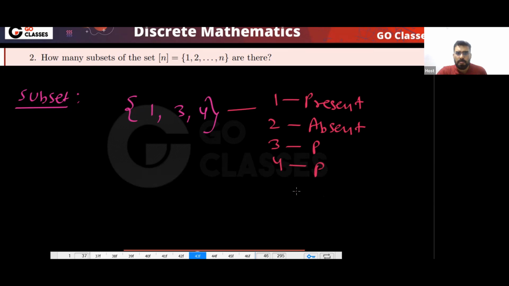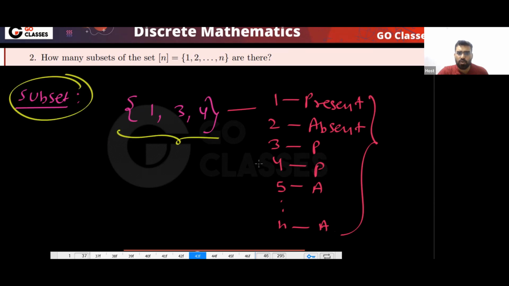Right? Yes or no? Okay, so like this. 5 is absent. And n is also absent. So like this, you can understand. Whatever subset I give you, you can think like this: 1 is present, 2 is absent, 3 is present, 4 is present, 5 is absent, 6 is absent, and so on, n is absent.